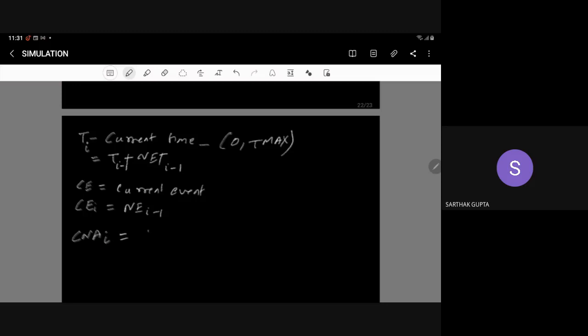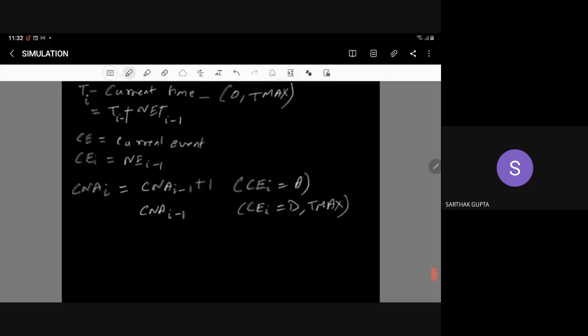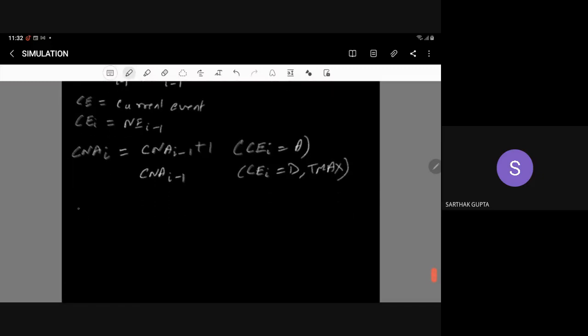It is CNA of i minus 1 plus 1 when the current event is an arrival. It remains CNA of i minus 1 when the current event is a departure or T max, because there is no increase in the CNA.